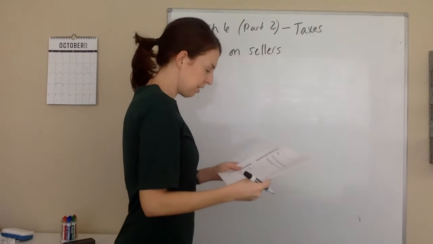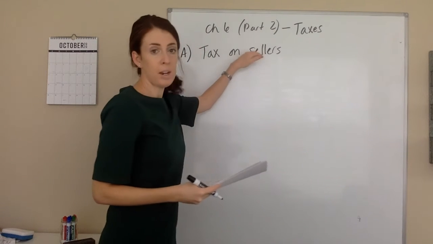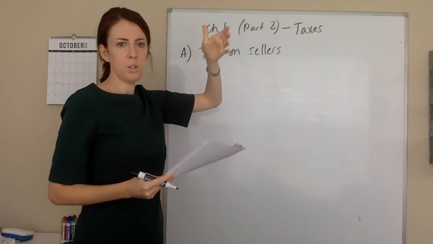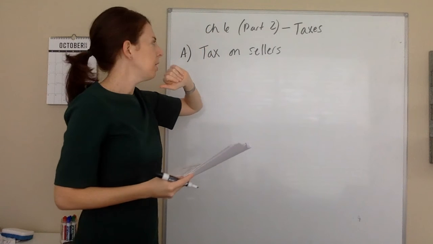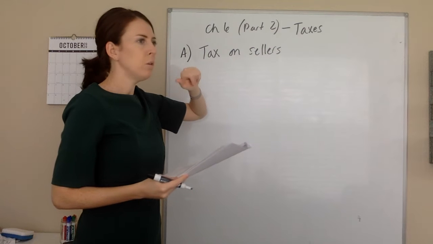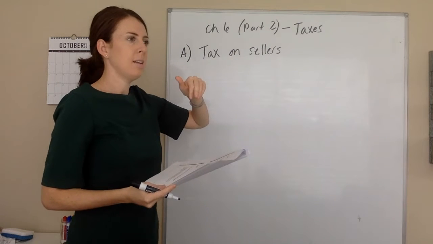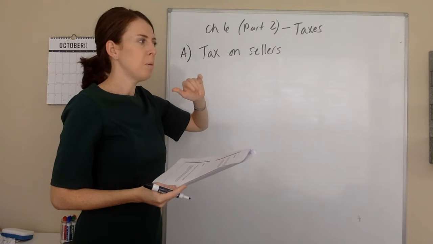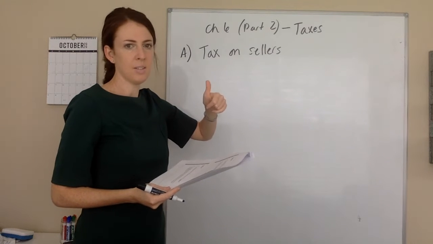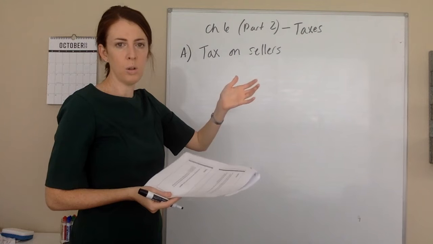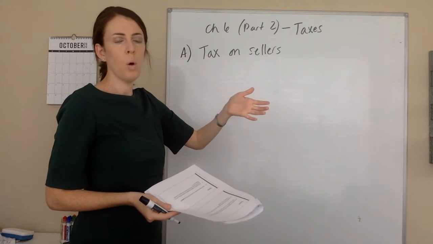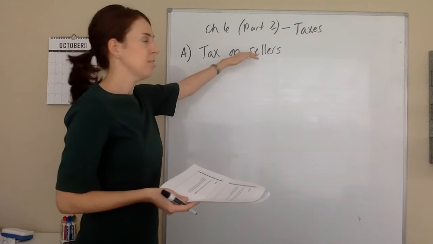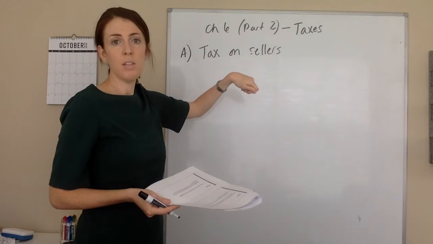Sellers again are the suppliers in a market. So let's conceptually think about what a seller would do if a government imposed a tax on them. Well, if you are Publix and the federal government comes in and says, we're going to impose a 10-cent tax on every bottle of Coca-Cola that you sell, Publix, what would Publix do? Publix is the one that's being taxed. They're the seller, so they're the one that's going to have to write the check to the government.